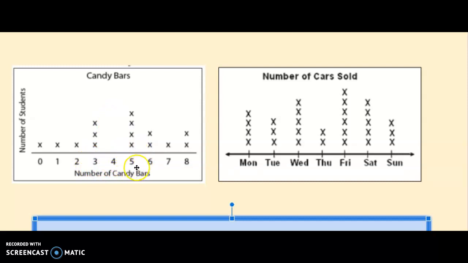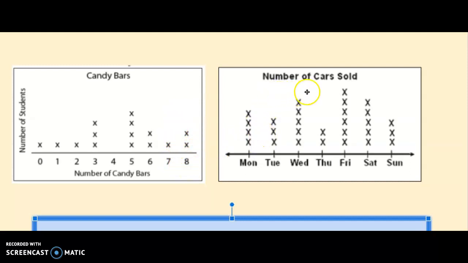Now look at this value. How many students have 5 candy bars here? 1, 2, 3, 4. 4 kids have 5. How many students have 6 candy bars? You can see that's 2. One student has 7 candy bars, and 2 lucky students have 8 candy bars.